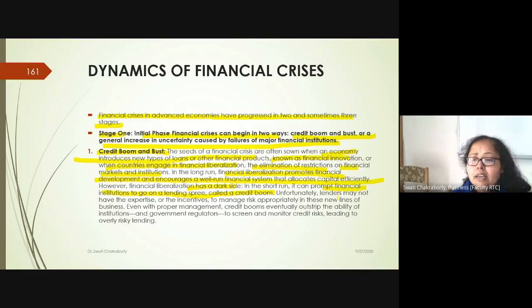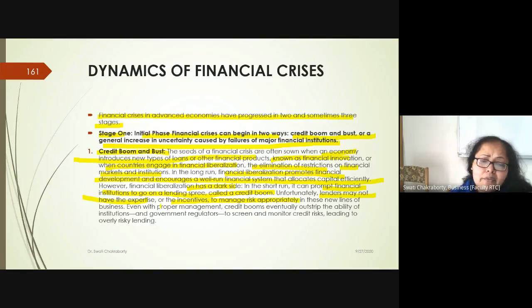Now, it's an unfortunate situation that lenders may not have the expertise or the incentives to manage the risk in the right way in these lines of business.